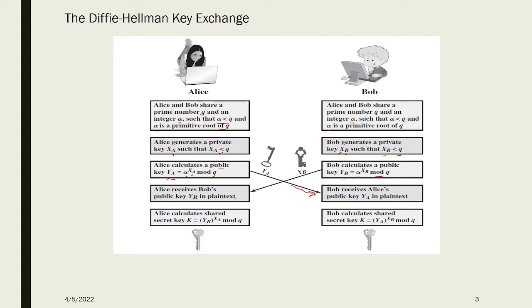Once they know the public keys of the other participant, Alice can calculate the shared secret key. The shared secret key is calculated using the formula K is equal to YB, that is the public key of Bob, power XA, that is the private key of Alice, mod Q. And Bob also will calculate the shared secret key with the formula YA, the public key of Alice, power XB, the private key of Bob, mod Q. Both the results will be the same.